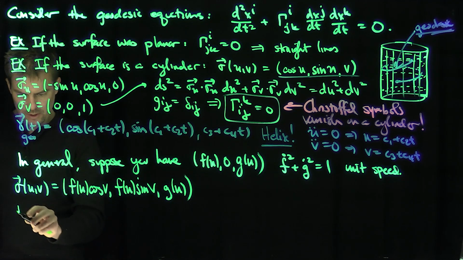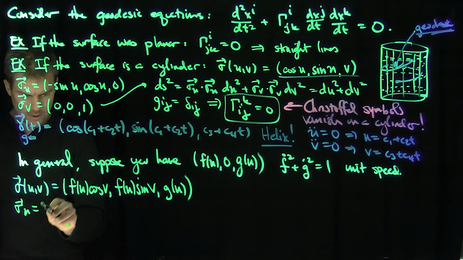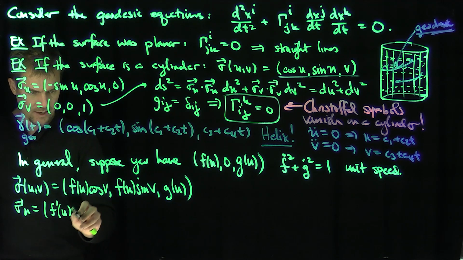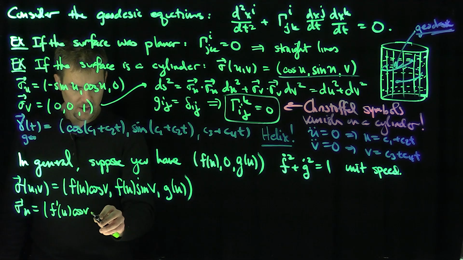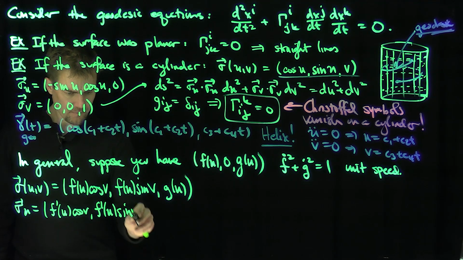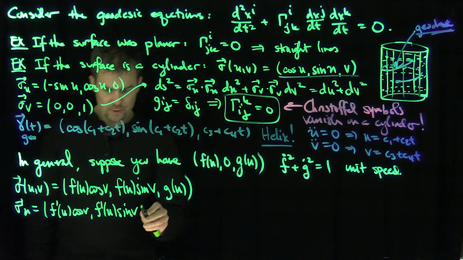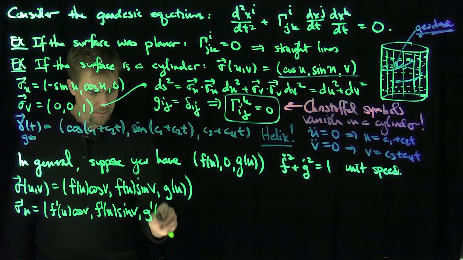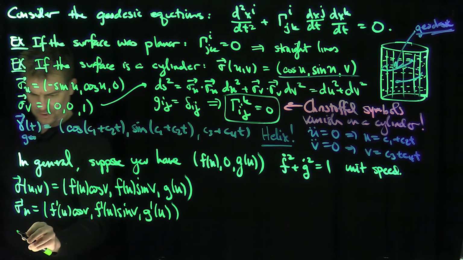So what's sigma u going to be? Sigma u is going to be f prime of u cosine v, f prime of u sine v, and then g prime of u. What's my sigma v going to be?